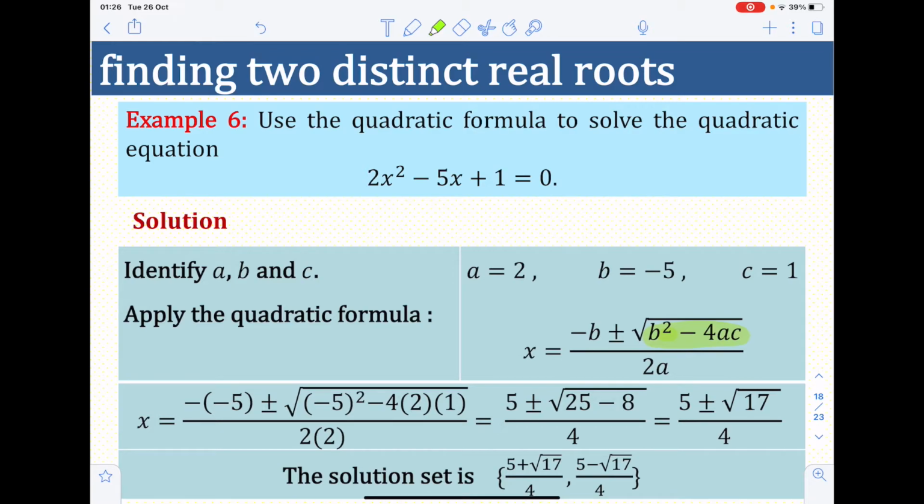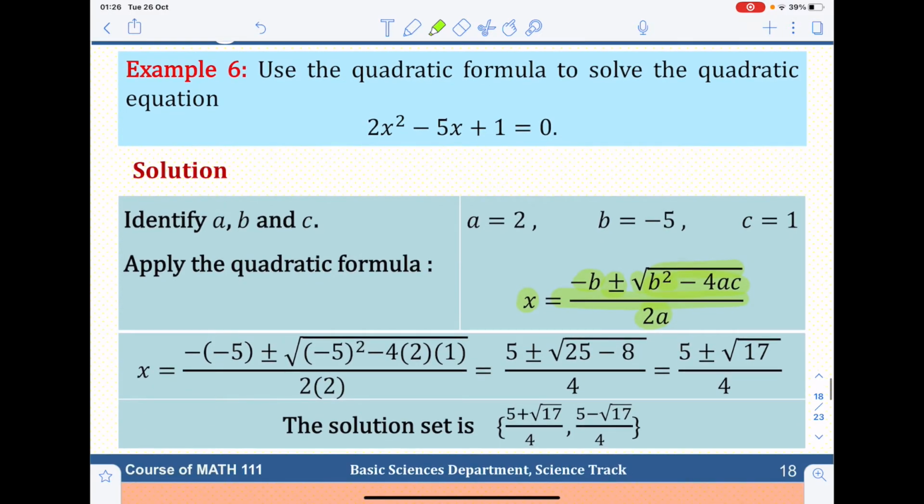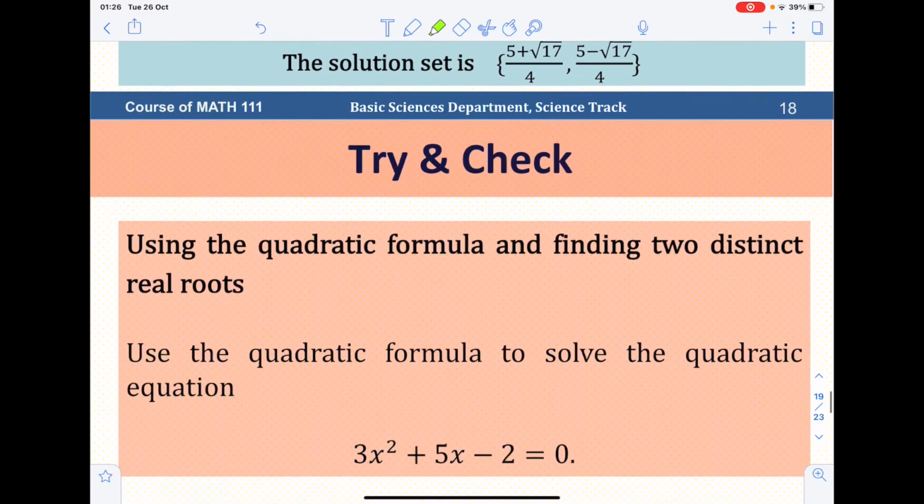The formula is x equal negative b plus or minus square root of b squared minus 4ac all over 2a. So just substitute the values of a, b, and c in your formula, then you compute and simplify to get the final answer. Okay, let's do this example over here.